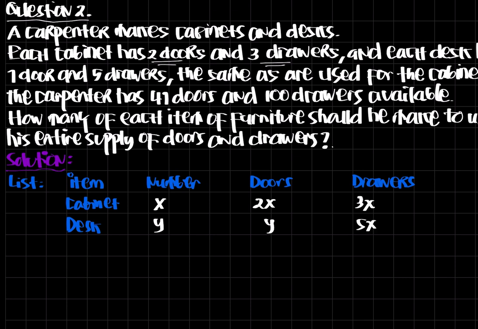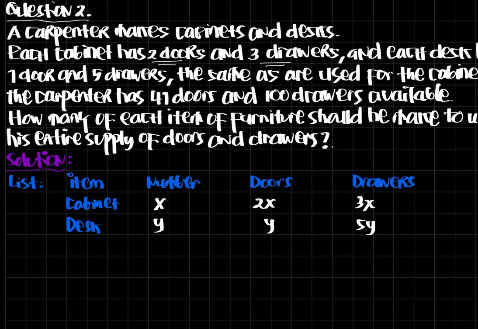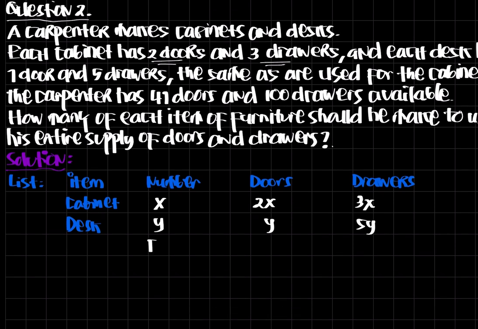The next one is to find the total. The carpenter has 41 doors and 100 drawers. So 41 and 100. Now we can use this information to make the equations.